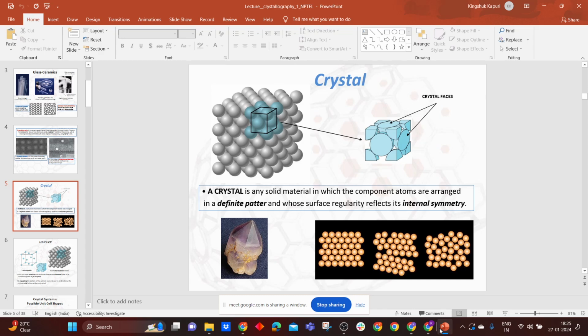So if a crystal face has the Miller indices of 100, it means it is intercepting the A axis.